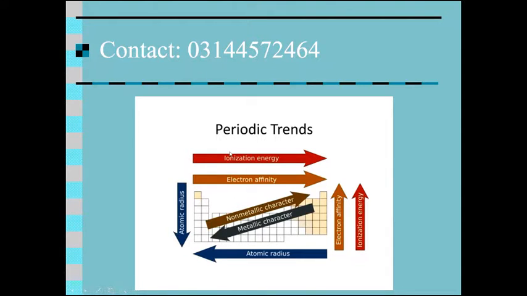So in general, atomic radius and all other electron gain or loss properties are inversely proportional to each other. From left to right, protons increase, therefore atomic radius decreases. If atomic radius decreases, then the inversely proportional electron affinity, ionization energy, and electronegativity increase.